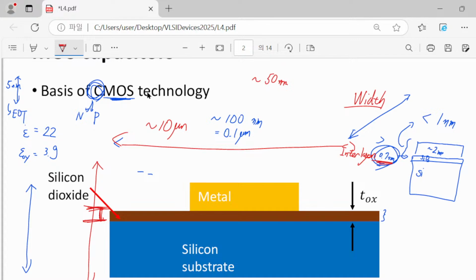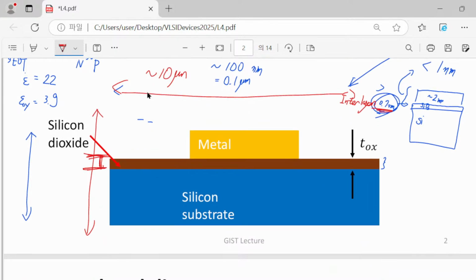Then we will see other different length scales. And since this textbook, Tower's book, first starts from the planar MOSFET, so we will assume that here we have a silicon dioxide or silicon substrate, and its thickness is regarded as infinitely thick.